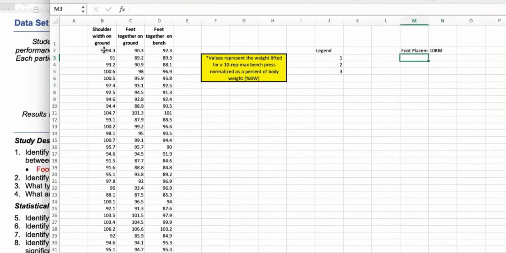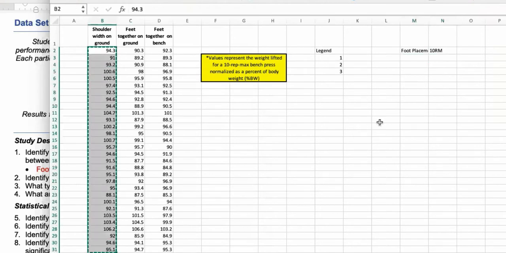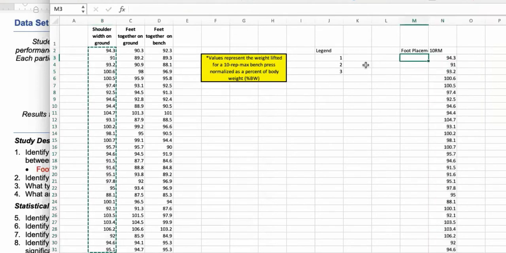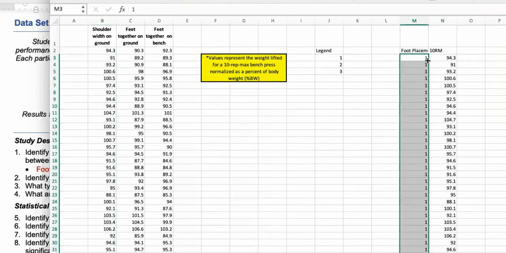So then we would say, oh, everybody who had their shoulder width, feet on the ground, we put their data there, and maybe that's condition number 1, right? So then we would just stack all of our data and then copy and paste it into SPSS. So that's how we'd organize that.